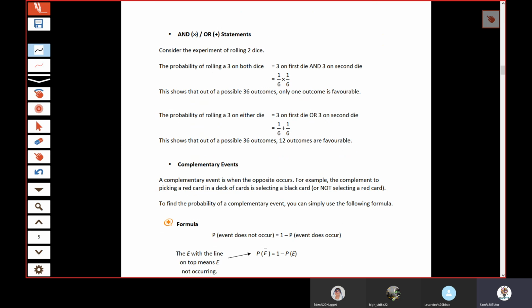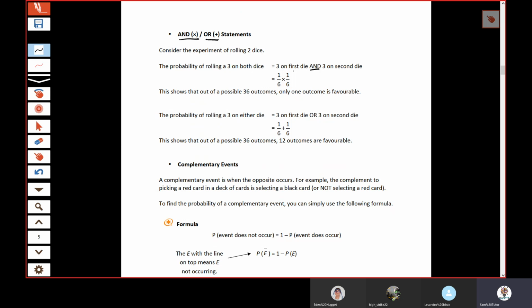All right. Like we were saying, and is times, or is plus. So consider the experiment of rolling 2 dice. The probability of rolling a 3 on both dice. That means you have to get a 3 on the first die and a 3 on the second die.